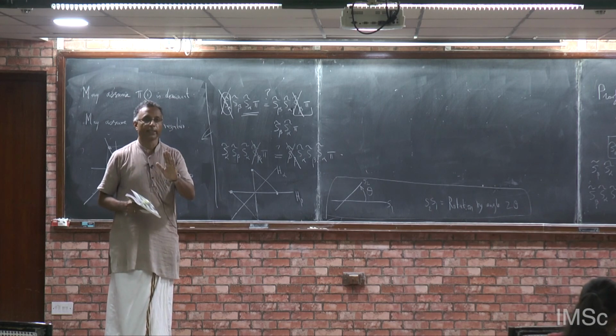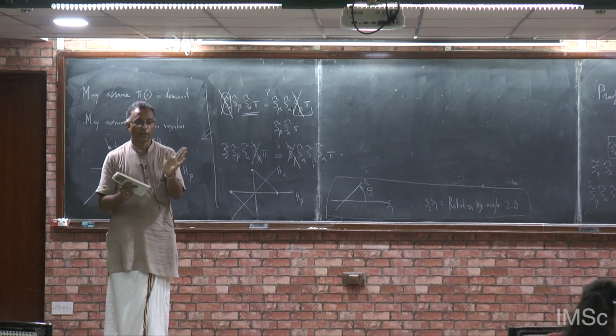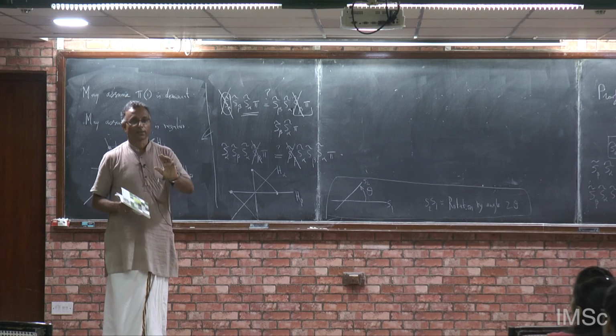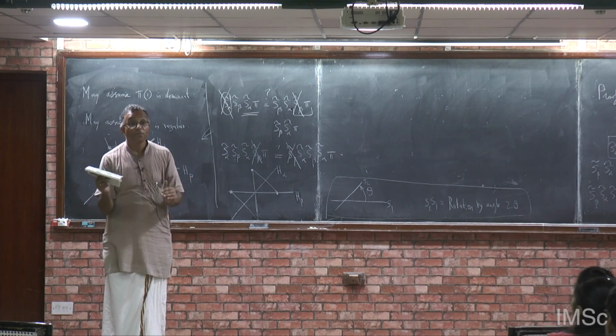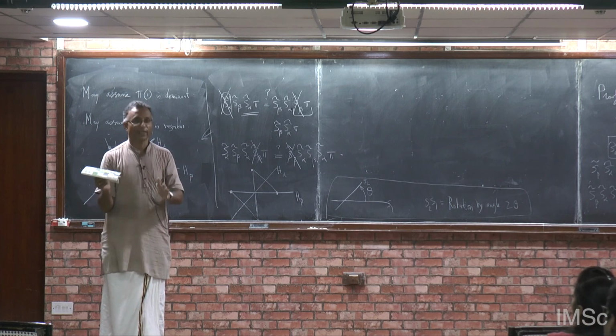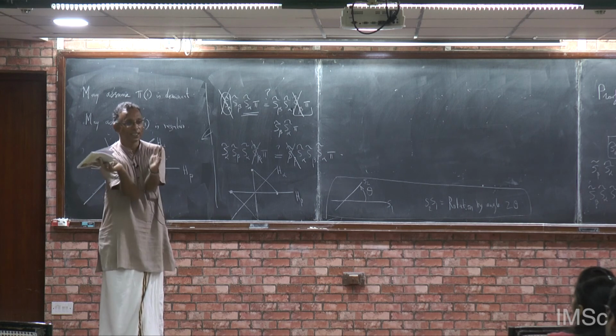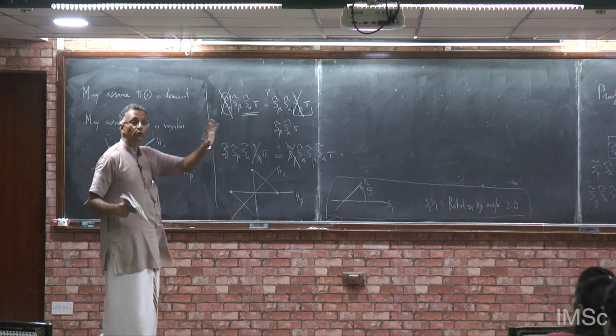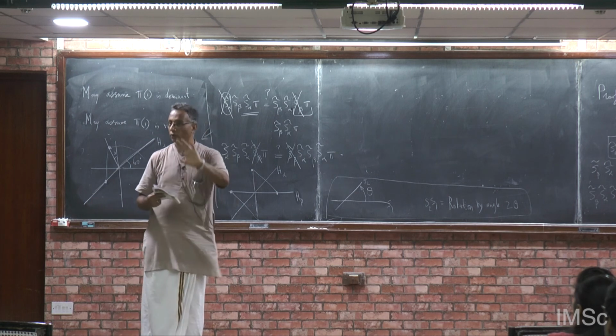Sorry, not 90 degrees. Right, that's 45 degrees. The dominant Weyl chamber has angle 45 degrees. Here it has 60 degrees, and the G2 case it has 30 degrees. That's if you draw the picture.